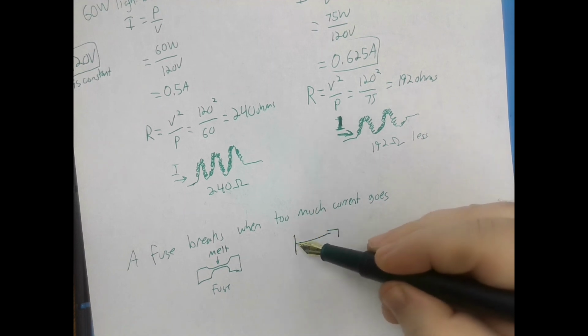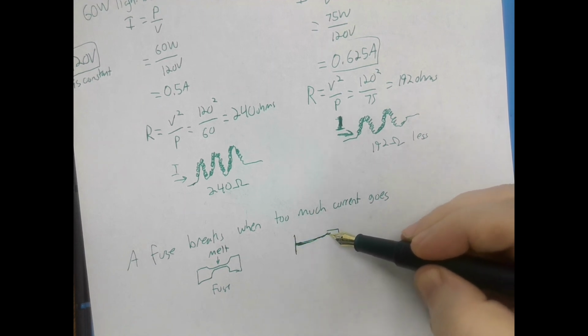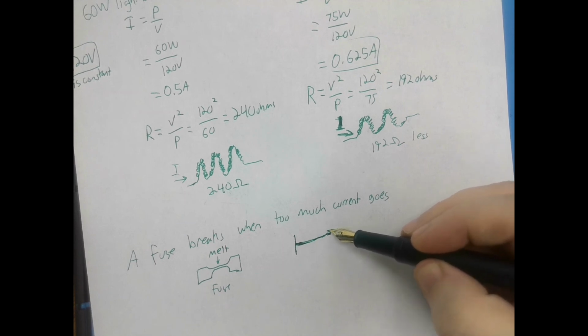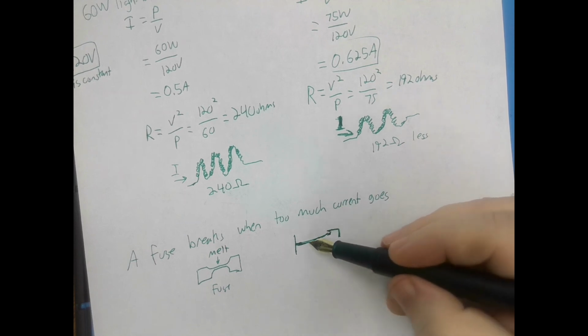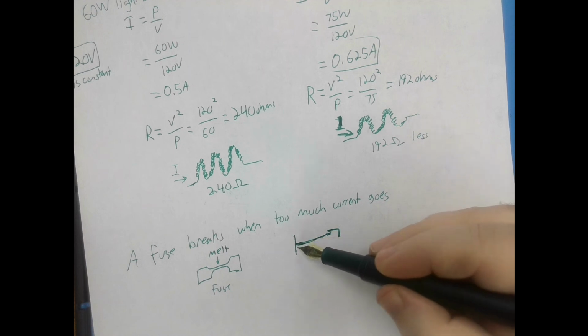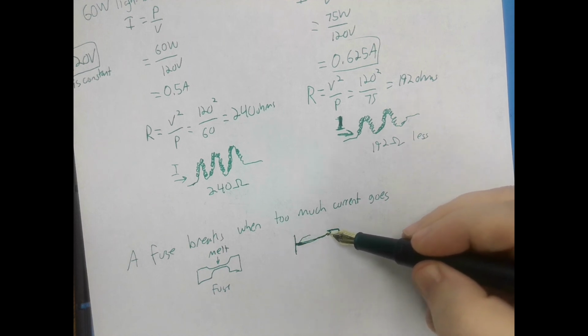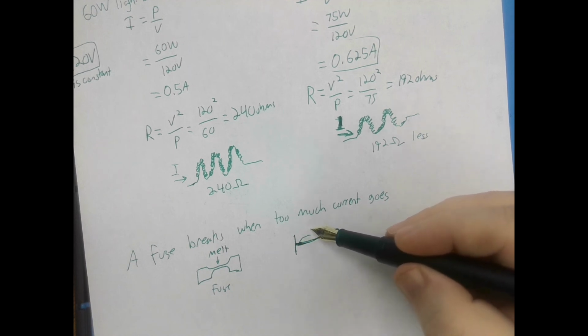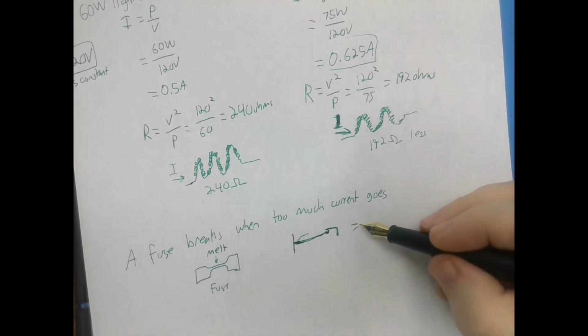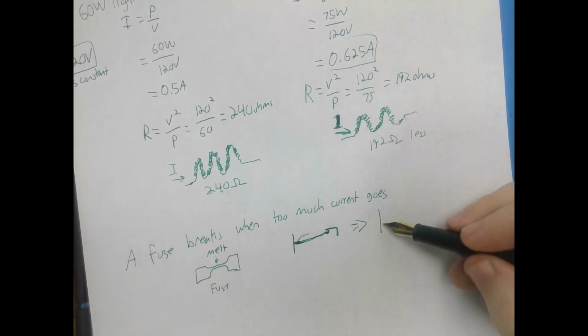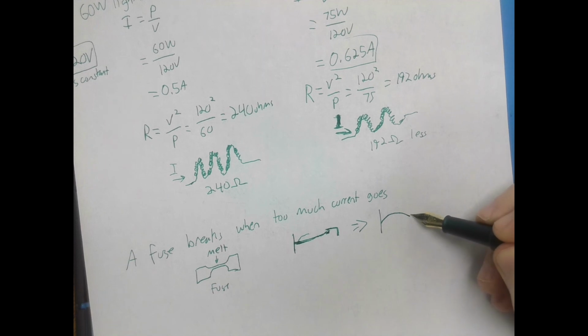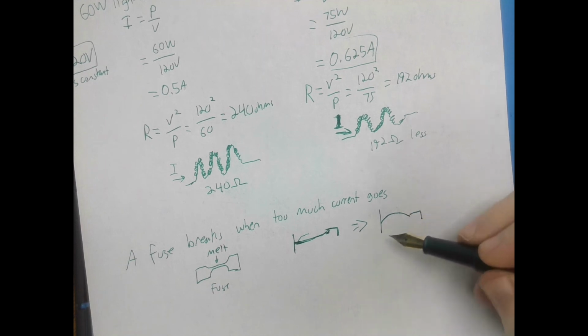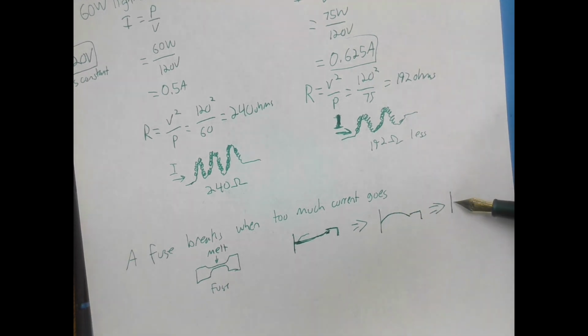You have this metal right here, and it's barely catching on to right here. When this heats up, this wire will bend and be able to slip out. As this heats up, the metal will bend, and then it'll flip upward.